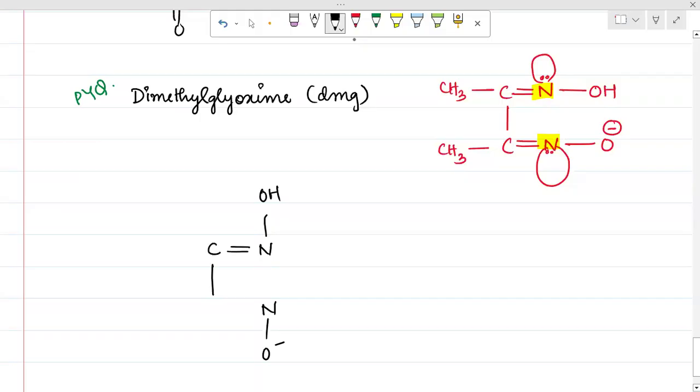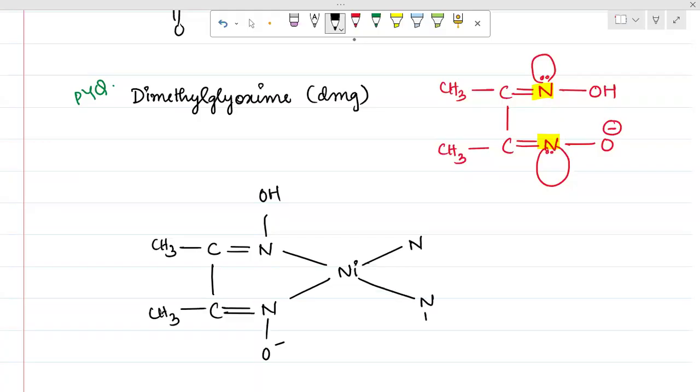Please draw the diagram carefully. CH3, CH3. And then the lone pairs are donated to nickel 2 plus. Similarly over here also, nitrogen. Here OH, here O minus, double bond C, double bond C, and then dimethyl. This is how it forms.